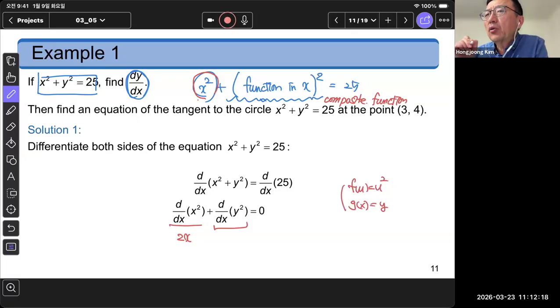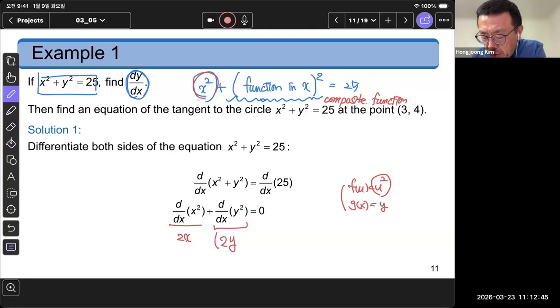Even though we do not know the explicit form of g, that's the composite. So for the derivative of y squared, I first differentiate the outer function, u squared. When u squared is differentiated, you get 2 times u, and you evaluate this derivative at the inner function, y.